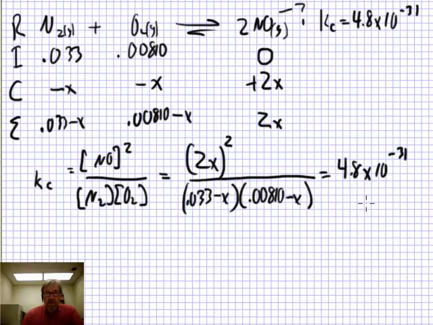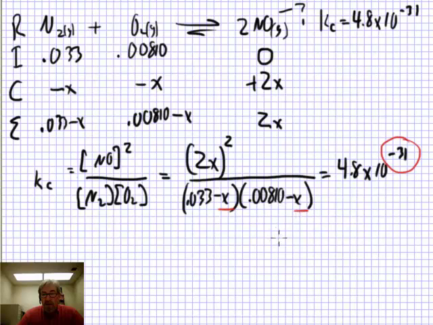Looking at the exponent on my K value, I see that it's a very small number. So that means it's not going to go very far to the right. In other words, compared with the initial concentrations of reactants, the 0.033 for nitrogen and the 0.00810 for oxygen, X is going to be pretty little. We're not going to lose very much X compared with those original starting values.